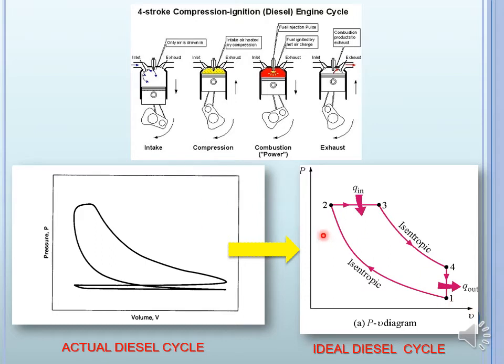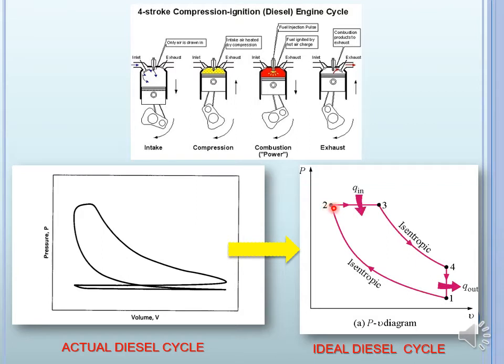As we can see here, from 1 to 2 is an isentropic compression process, all the same as the Otto cycle. But what is different is from 2 to 3, the combustion process, which in the ideal cycle we call a heat addition process.